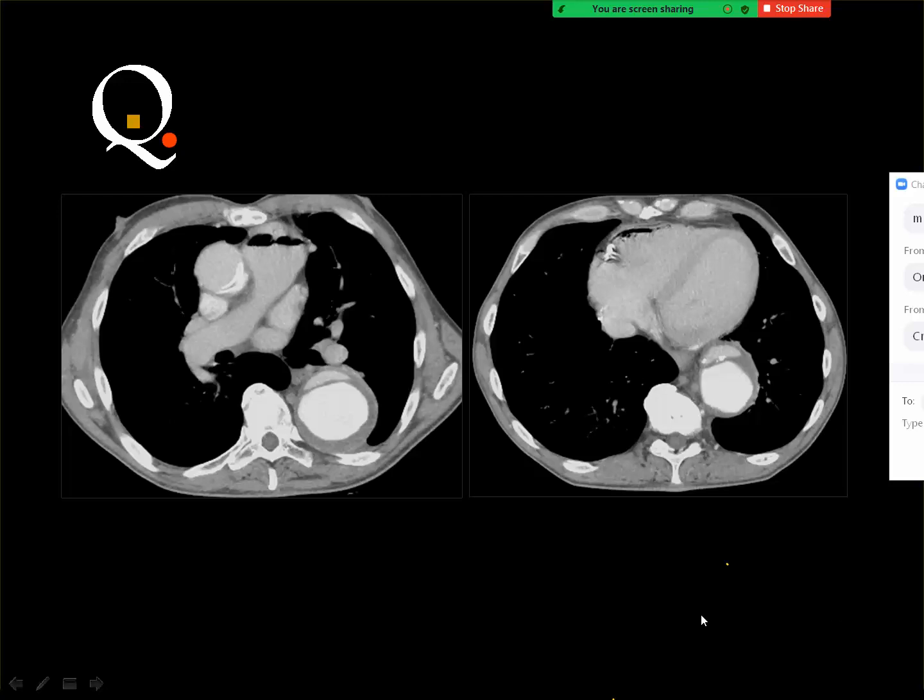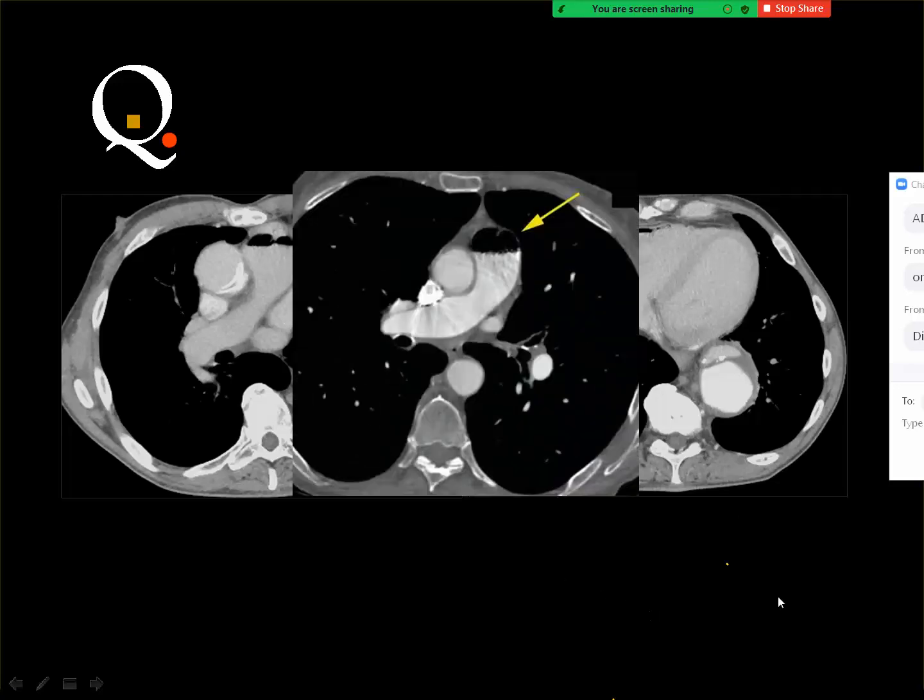Okay, what do you think of this? The section, yes, this is the section, and it is a dissecting aortic aneurysm. No, this is not pneumopericardium. This is air embolism.